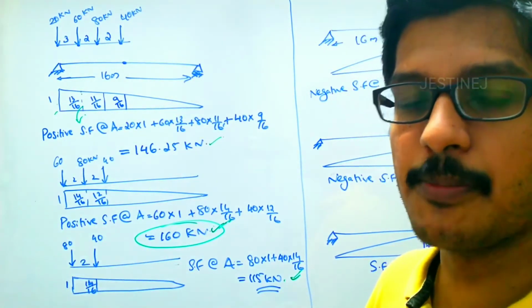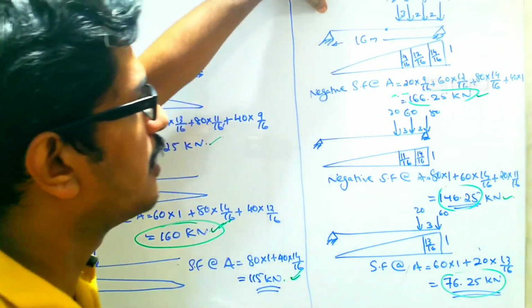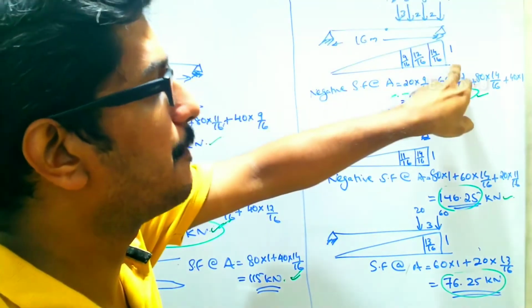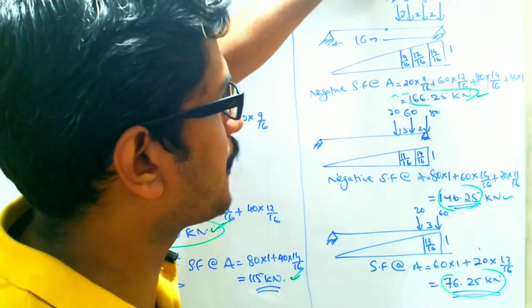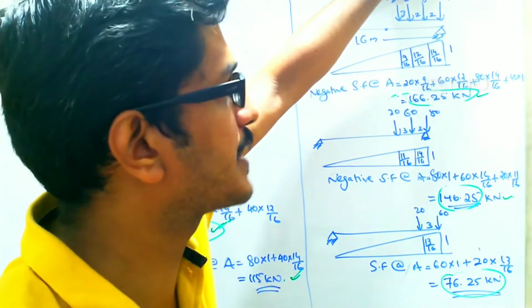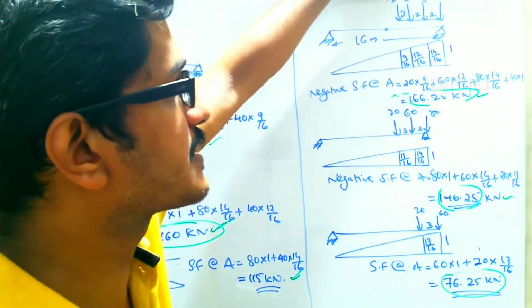Coming to the next one, the negative shear force value. The negative shear force value will only occur at the support B. If we place the loads in this format, 40 kilonewton is placed at the support B, then 80 behind it, then 60 and 20.